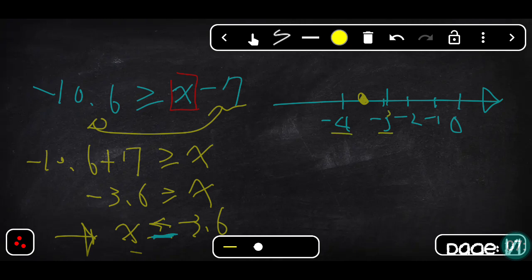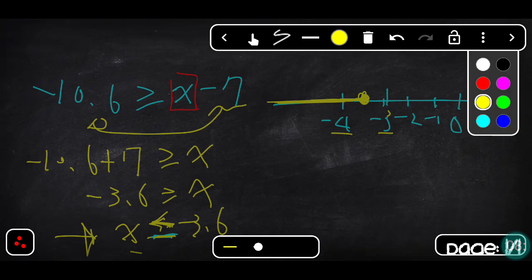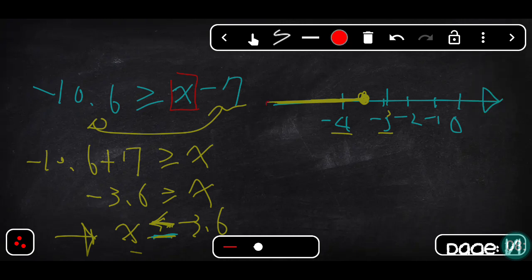Okay, since it's smaller than, did you see the sign here? It's less than or equal to, so for less than, we draw a line on the left hand side of the endpoint. Okay, this segment means less than. This endpoint means equal to. Okay, this point is negative 3.6.